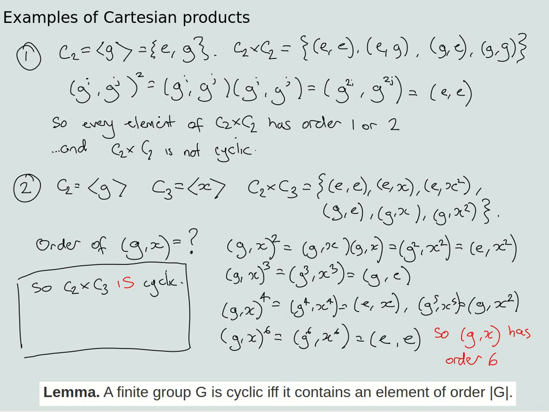So that's interesting. C2 cross C2 wasn't cyclic, C2 cross C3 was cyclic. This poses an interesting question, which you should think about: under which conditions on a and b is Ca cross Cb cyclic? So something to think about.